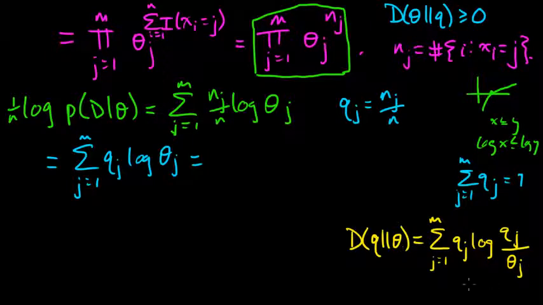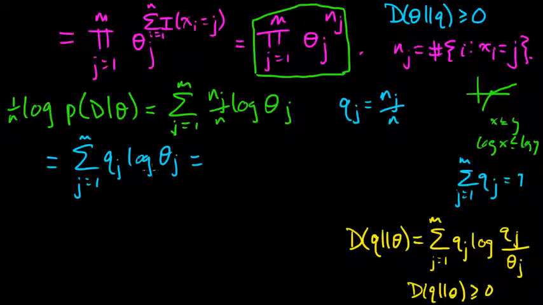So this is relative entropy, and it's always non-negative. And also, a key fact is it's equal to 0 if and only if these distributions are equal.